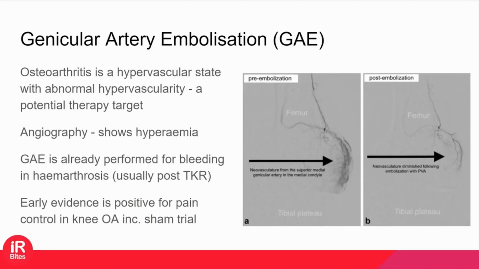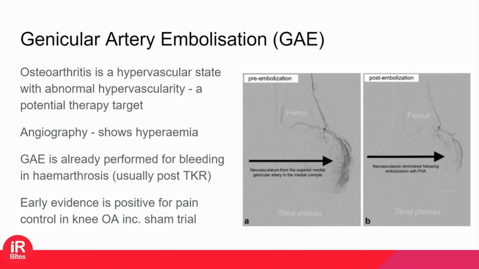It allows more precise treatment as a general principle. And so this is the preclinical thinking behind genicular artery embolization. If you take these patients to angiography, which means you put a catheter into the vessels and inject contrast, and it's the mainstay of what you do in interventional radiology, you'll see that there is hyperemia, or excessive blood flow, in those areas.